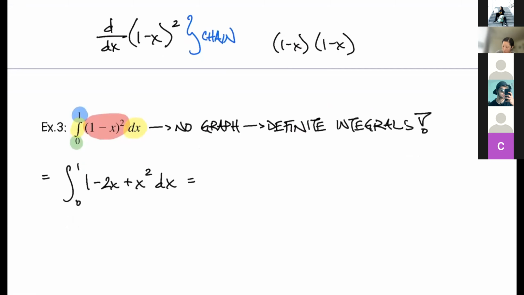Now let's take our antiderivative. Okay. So I'm going to take the antiderivative of each part. Then I'm going to put those brackets around them again. I'm going to draw the little line at the corner with the 0 to 1. Okay.